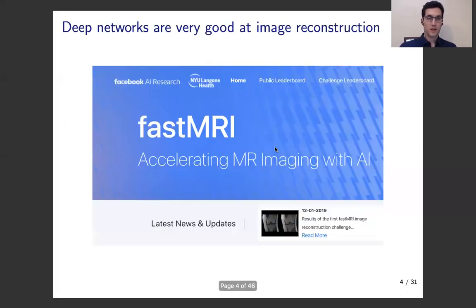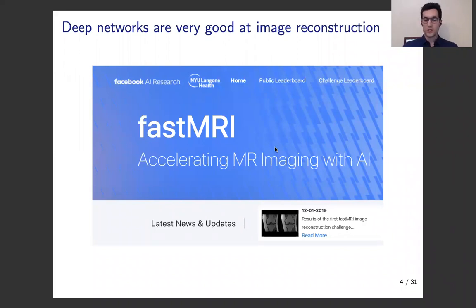Another example is MRI. If you're not familiar with this, there has been a competition called the fastMRI competition. It's essentially a challenge to reconstruct images from undersampled MRI measurements. That's a problem that has classically been solved, known as a compressive sensing problem, using L1 minimization methods. These people built a large data set consisting of measurements and images.